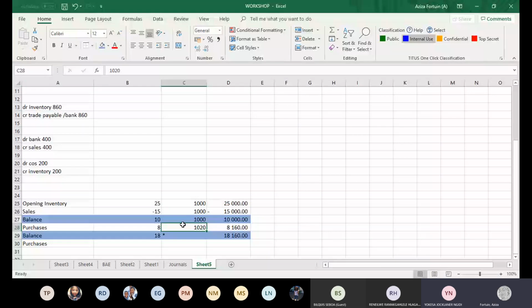Yes. Now we need to again work out the balance. You are going to add the 8 and the balance of the previous, which was 10 plus 8, gives you 18. Am I correct? You're correct. What did you times with?